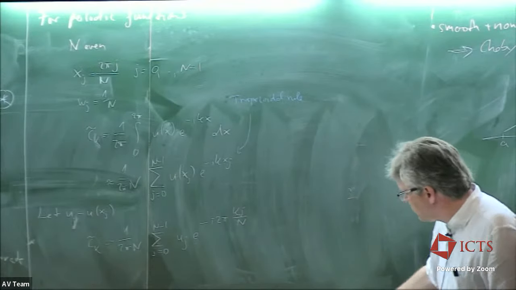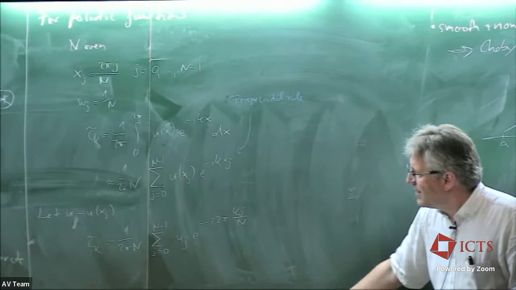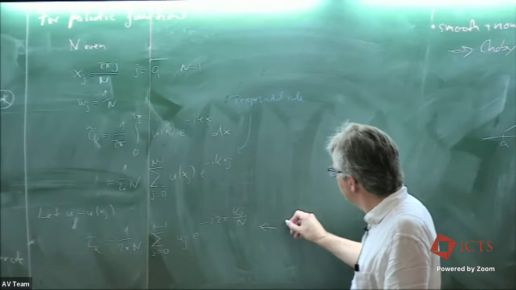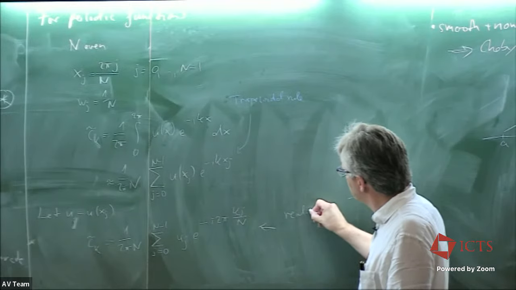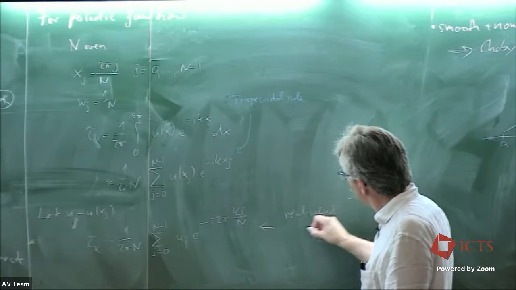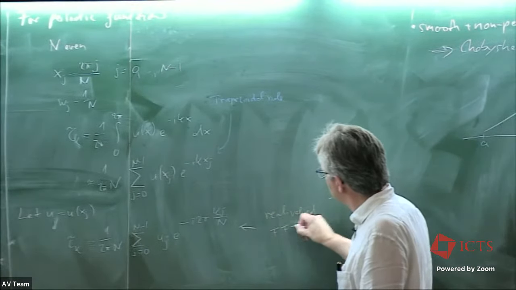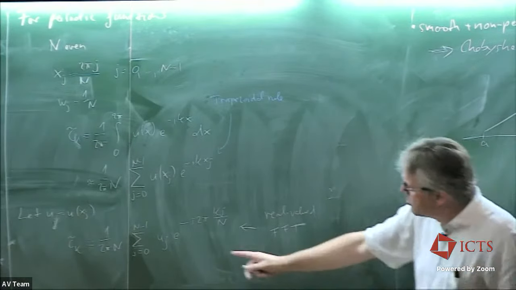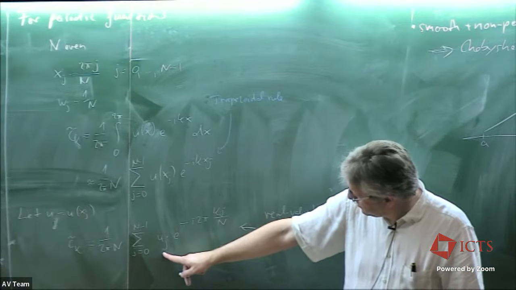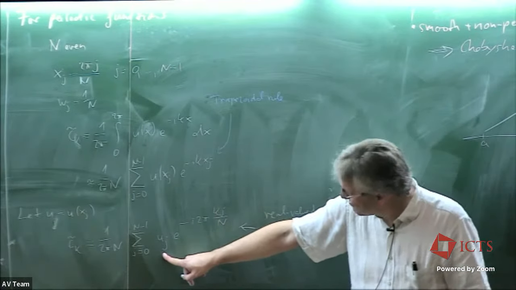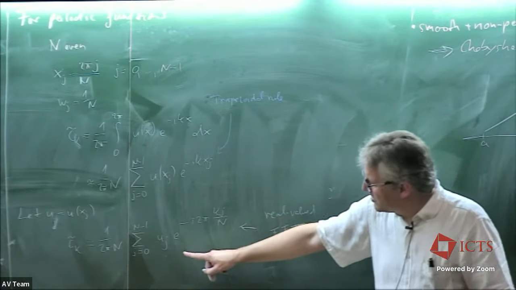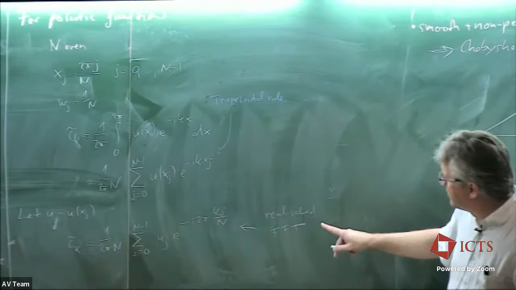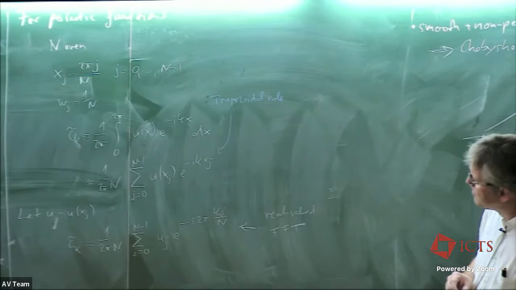The second important point to make is that this formula here is a real valued fast Fourier transform. So going from the grid point values, here they are, to the spectral coefficients can be done with a fast Fourier transform.